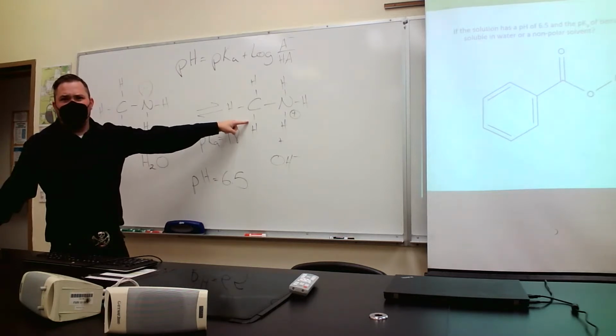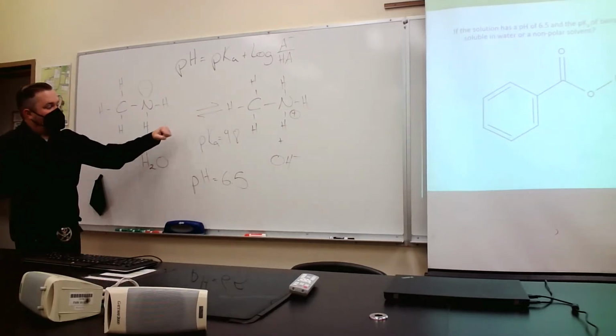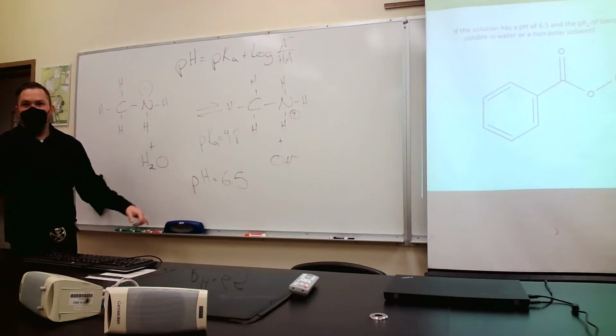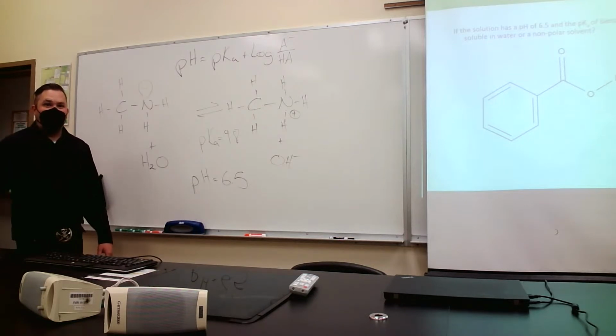So still more in water. I know I said yes to you, Miranda, but so both of them at a pH of 6.5, both of those molecules are more soluble in water. Because both of those functional groups are likely to be present in their charged form.